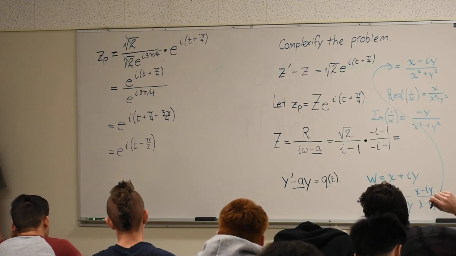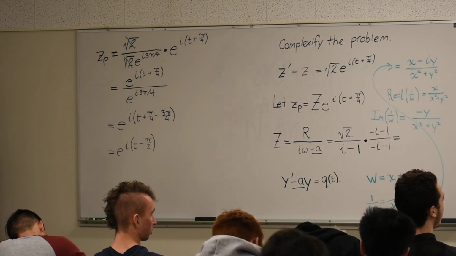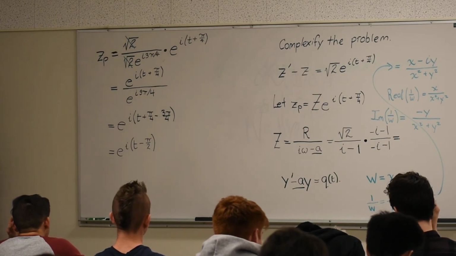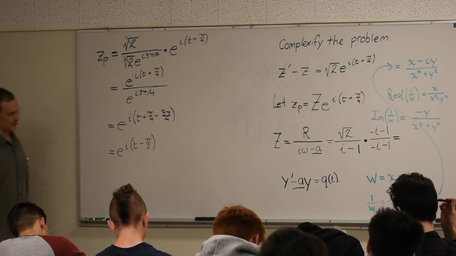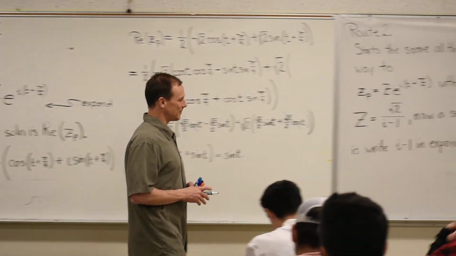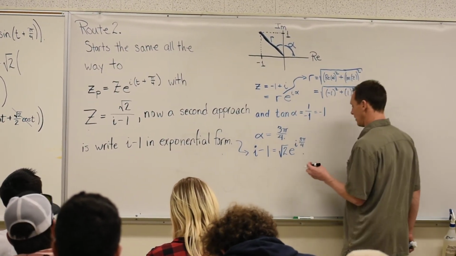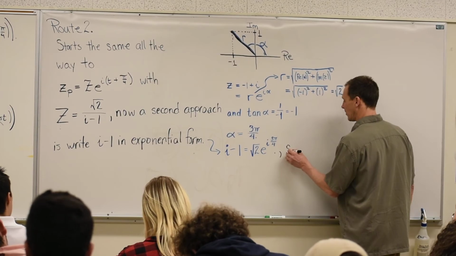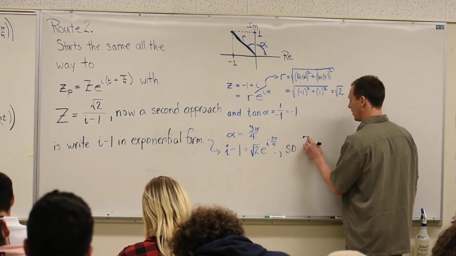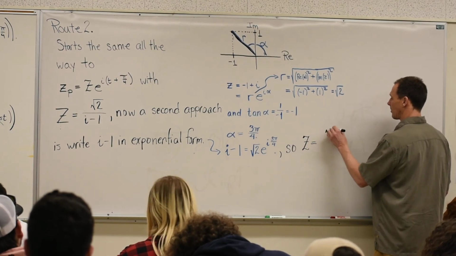But we're not done. Okay, remember, how did we get over there to the top one? I think I got a little ahead of myself. We did all of this work. So capital Z can be written as the square root of 2.